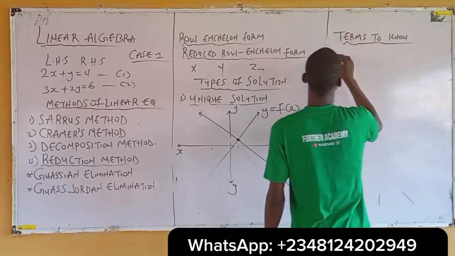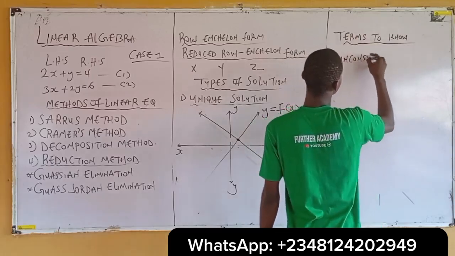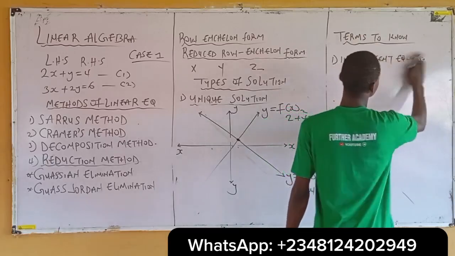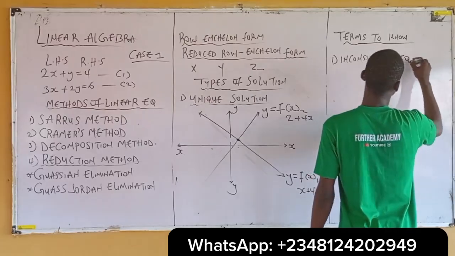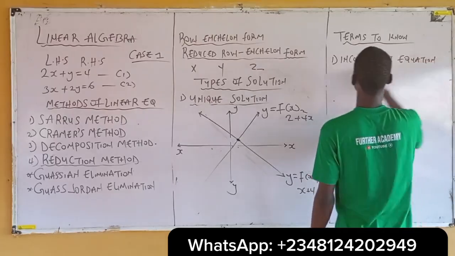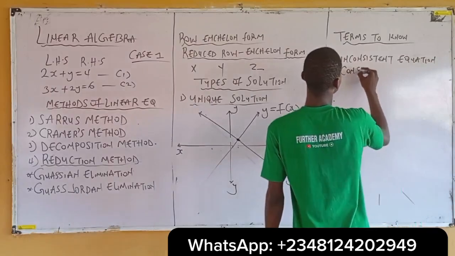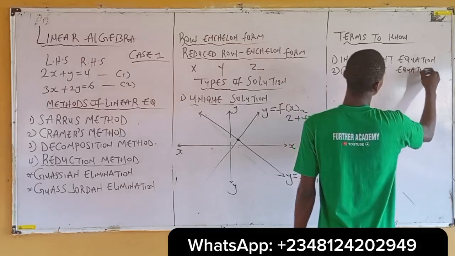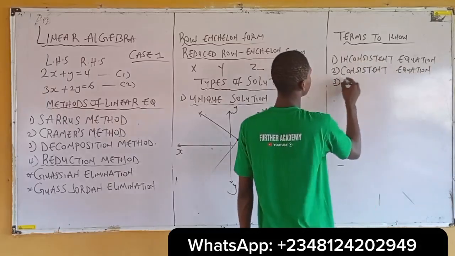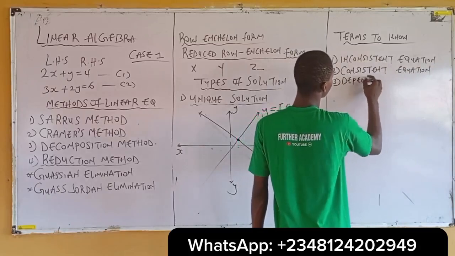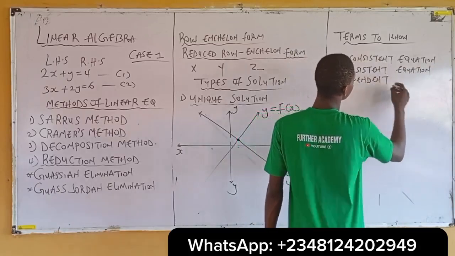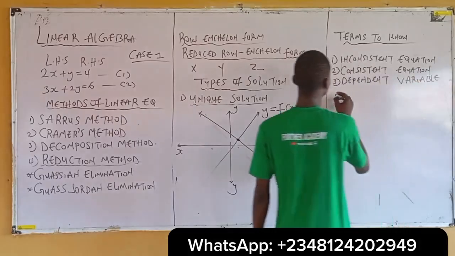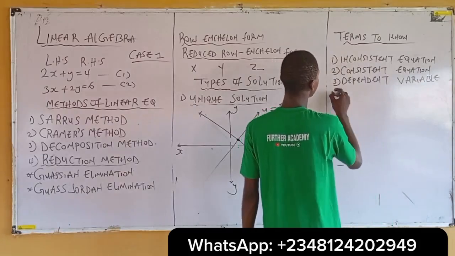The first one is what? Inconsistent equation. The second one is what? Consistent equation. The third one, dependent variable. The fourth one, independent variable.